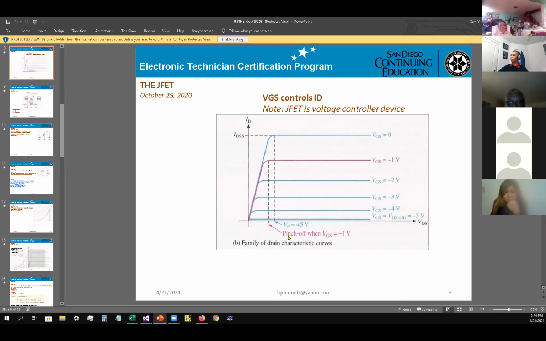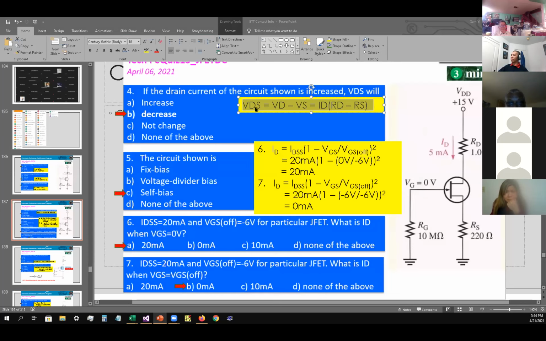The question asks: when you increase ID, will VDS decrease or increase? From the textbook, it would decrease.